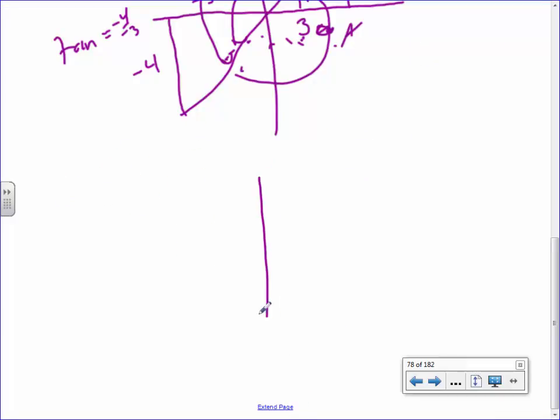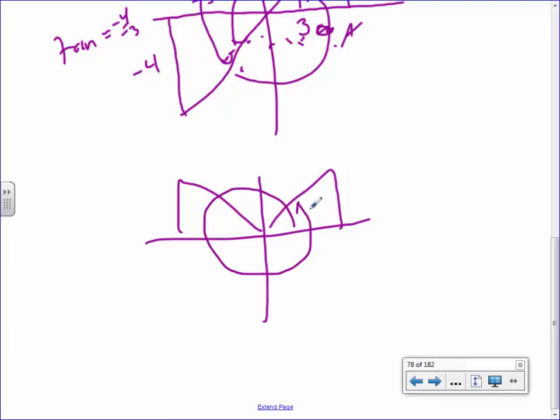Whereas with sine or cosine, sine could be in these quadrants right here, but you have to go all the way around the circle to get back to here, or all the way around the circle to get back to here. There's not really a link from here to here, because from here to here is a different distance than the rest of the circle. I hope I'm making myself clear on that.